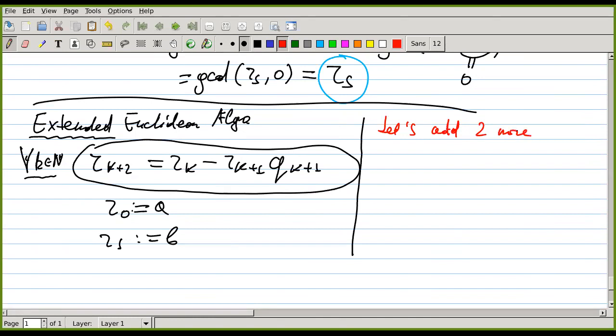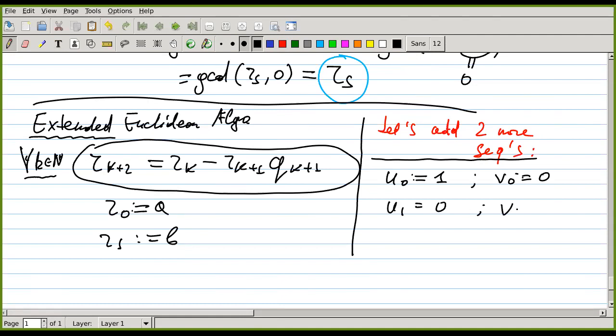Yes. And now let's add two more sequences. One sequence will be for U's, and the other one will be for V's. I'll define U0 as 1, V0 as 0. U1 will be 0, V1 will be 1.